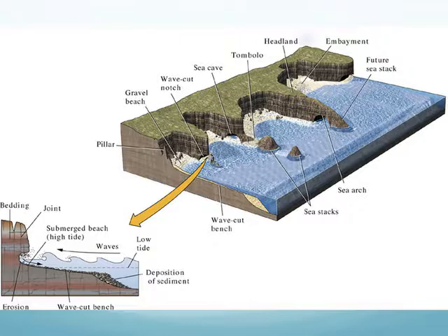And then that tombolo is just an eroded part of that headland that basically fell into the ocean and became material. So in that case, you have a lot of wave activity moving material around.